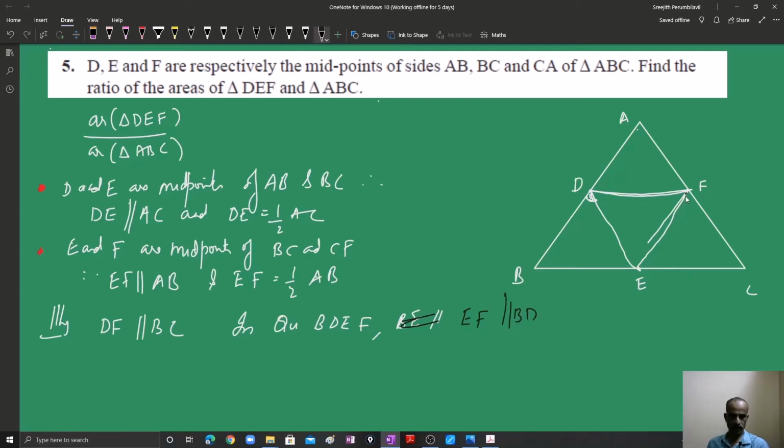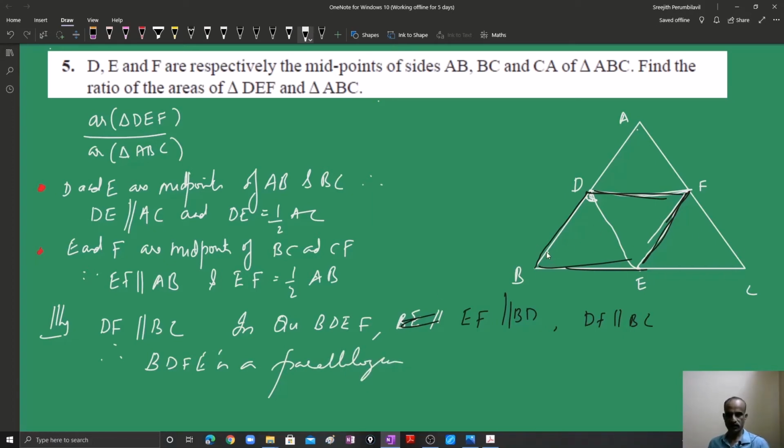I'll just draw it. And similarly, we have already proved DF is parallel to BC. So what do you know about this quadrilateral? Therefore, quadrilateral BDFE is a parallelogram.